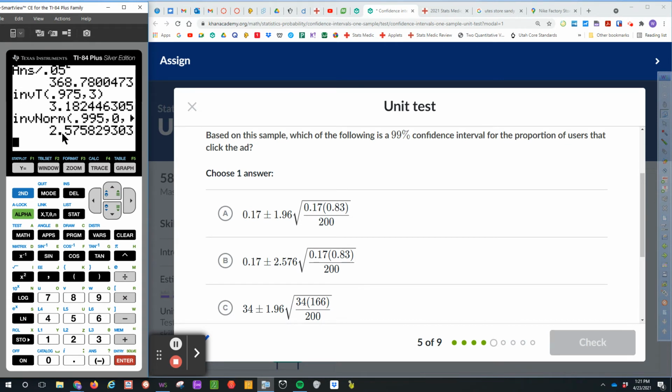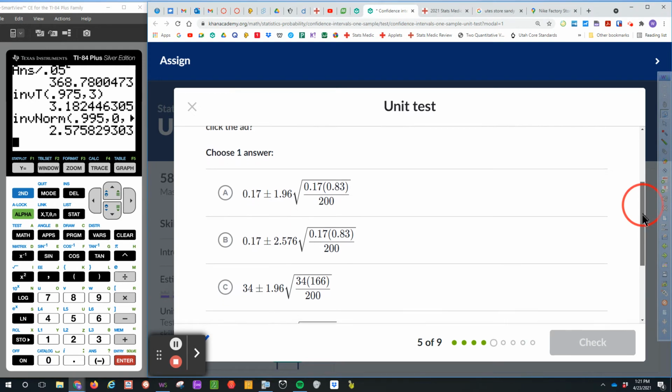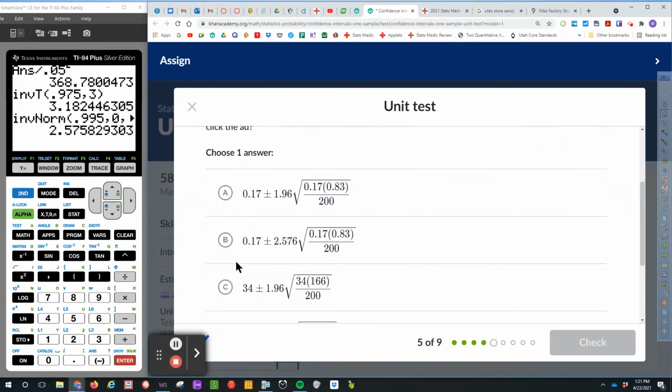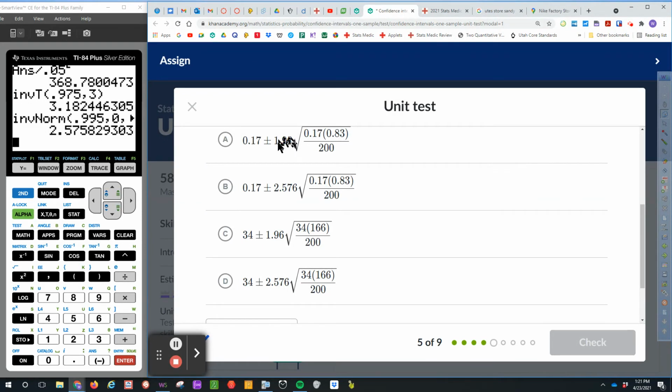So it's 2.576. So of all the options here, C and D are not it, because the very first point estimate should be a sample proportion. So we can only look at A and B. But A, the Z star is not 2.576. So the answer is B.